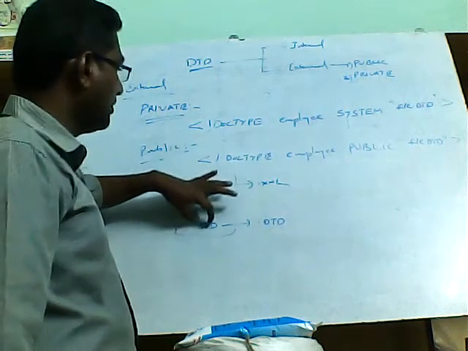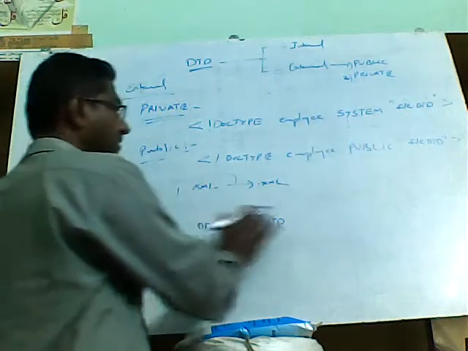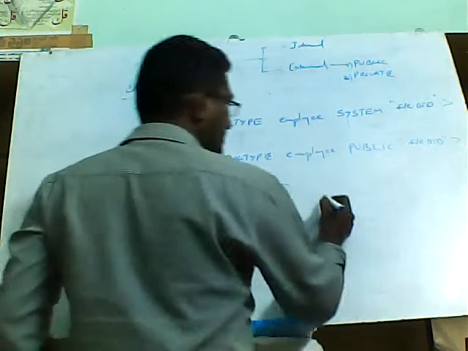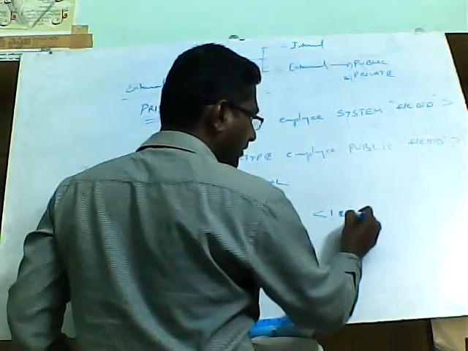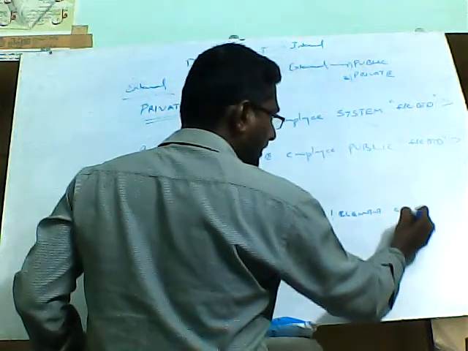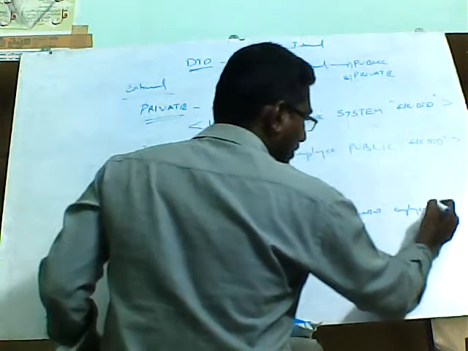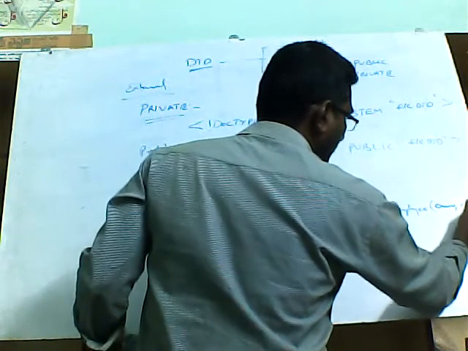So the DTD document, just now we wrote all those things: less than, exclamation mark, ELEMENT, followed by the root element employee, then followed by child elements, name, email, number, like this we wrote.